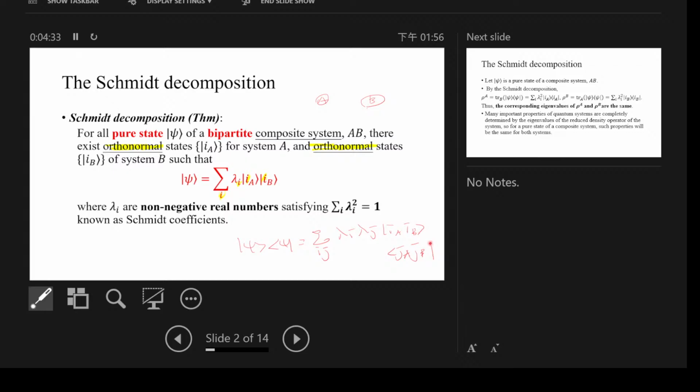We can use that system B is also orthonormal. So when we have <i_B|j_B>, you get 1 only when i equals j, because |i_B> and |j_B> are orthonormal. This is an extension of the result that we said before. When you do the partial trace on the B part, you only pick out i equal to j.